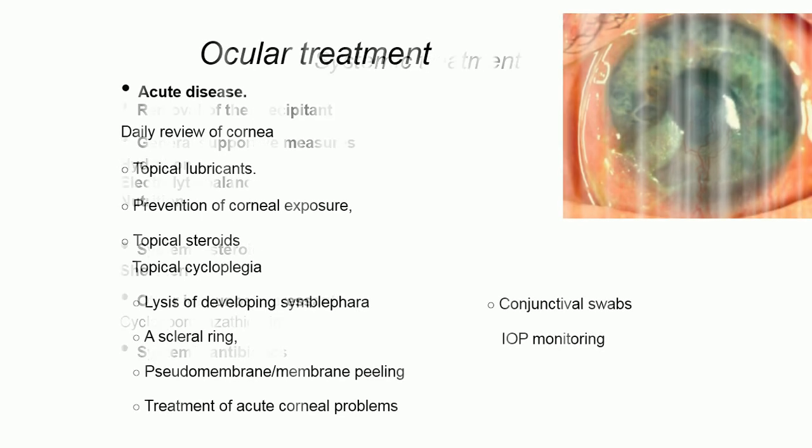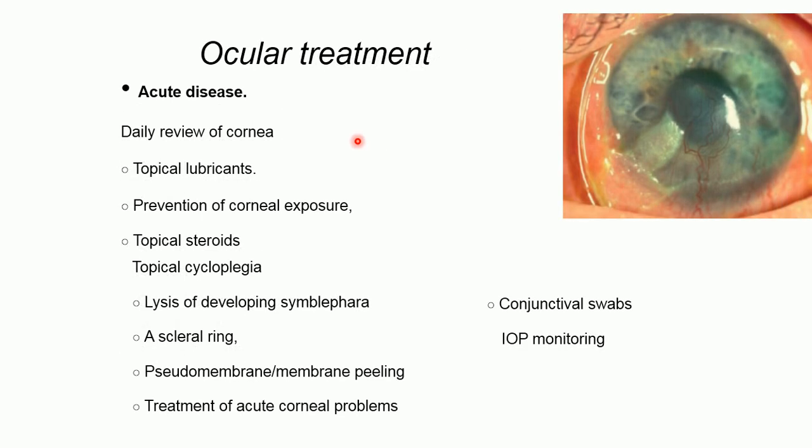Now the ocular treatment. In acute disease, daily review is advisable in most patients to check the cornea and exclude symblepharon. The treatment consists of topical lubricants as frequently as possible, prevention of corneal exposure by moisture chamber and gel pads, topical steroids for inflammation, topical cycloplegia, and lysis of developing symblepharon with a sterile glass rod or cotton bud.